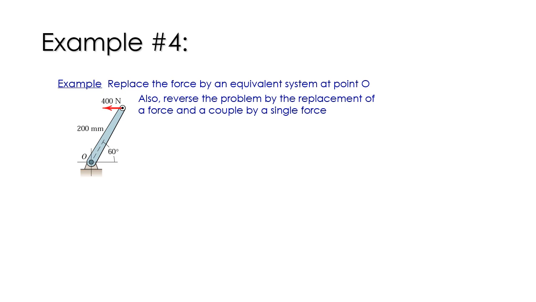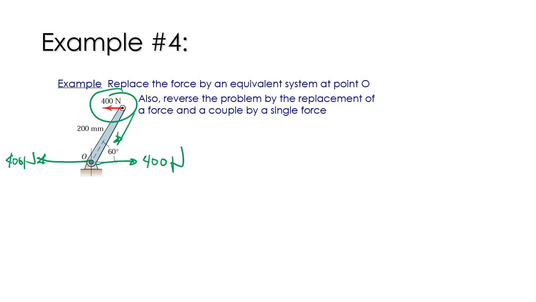To replace this one, we need to draw a force here which is equivalent to 400 Newton, and a force here which is equivalent to 400 Newton. Since the aim is to translate this force to this point O.